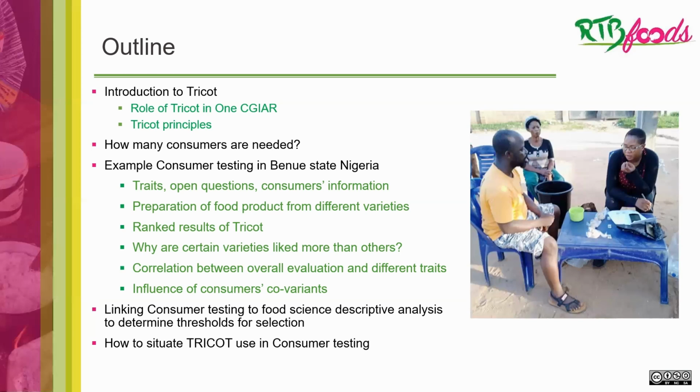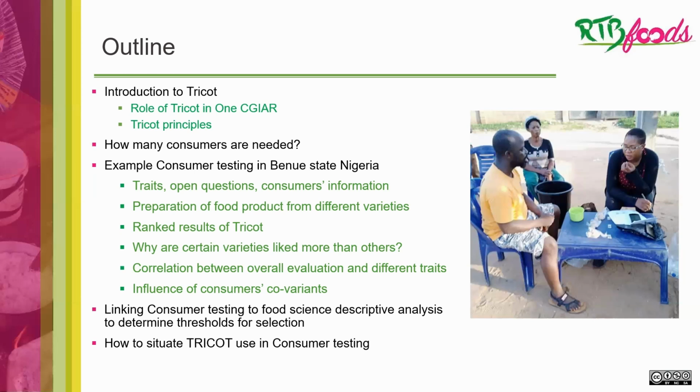I will illustrate the TRICOT application in consumer testing using this example. So I will go to the traits that will be evaluated, the open questions that will be in the questionnaire, and the consumer's information, a preparation of the food block from different varieties, ranked results of TRICOT, the results of a consumer testing, and then I will go into why are certain varieties liked more than others.